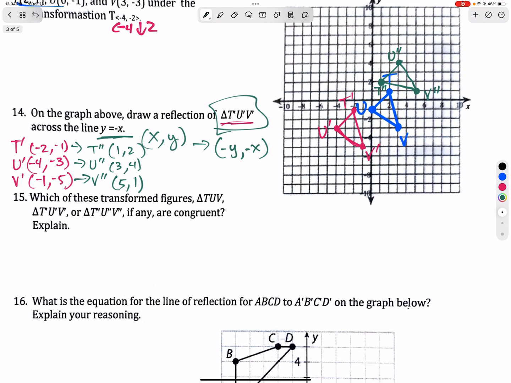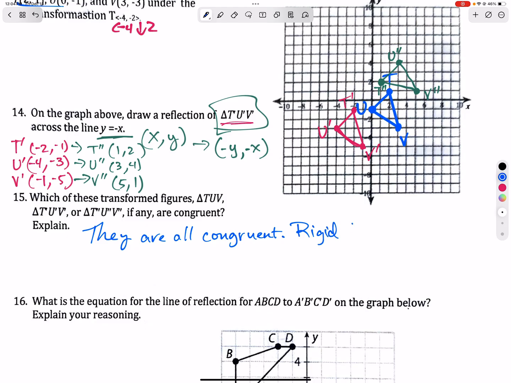Which of these transformed figures of triangle TUV, T prime, U prime, V prime, or T double prime, U double prime, V double prime are congruent, if any? They are all congruent because you didn't change the size at all. Congruent.